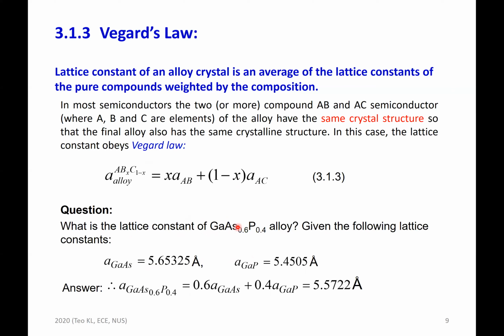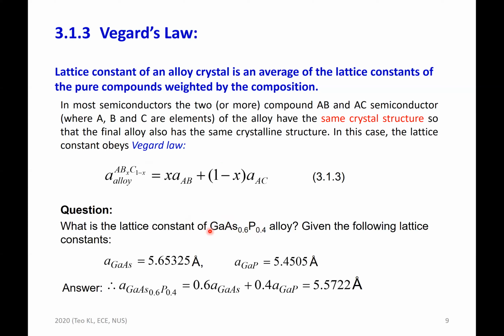Some percentage, in this case 40%, of the arsenic in the gallium arsenide is replaced by phosphorus. So you have gallium arsenide phosphide, with 0.6 on the arsenic and 0.4 on the phosphorus.